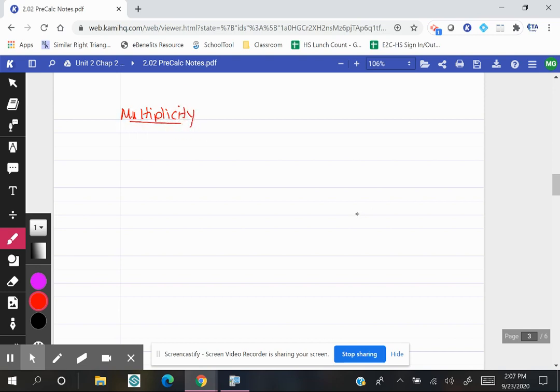So multiplicity in a function occurs when a function has repeated zeros. So when we have like that 0 is repeated, or when we had the cubic that was shifted to the left one that had repeated zeros.